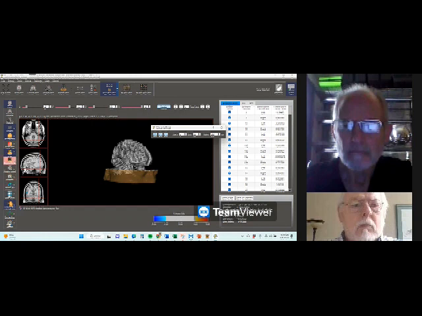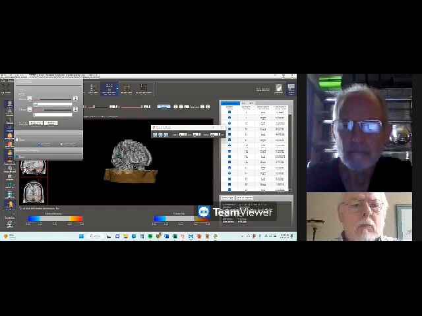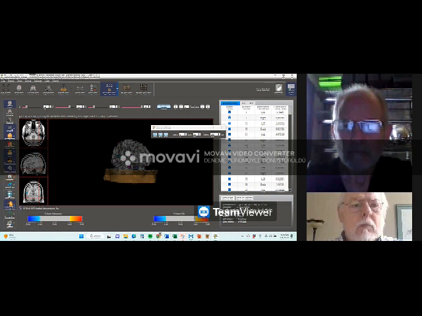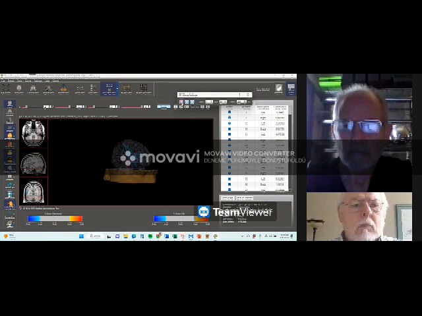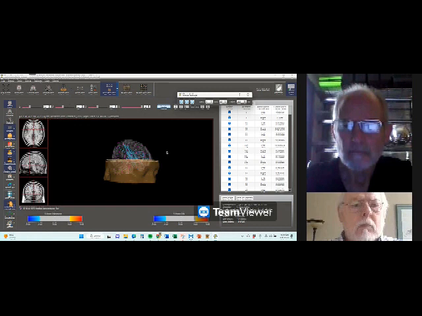Let's set it up so we can see connectivity, center voxel. We'll put the cortex in, but make it more transparent. And then we'll get the control out of the way and click start. Should work. Looks like it's not. Oh, wait a minute, it is. I got it.